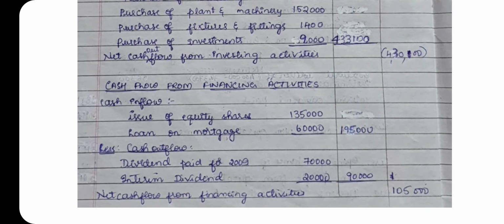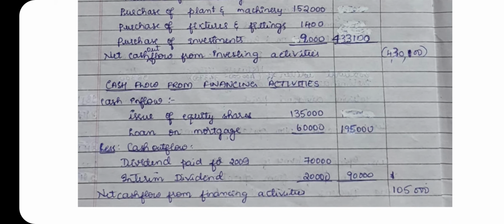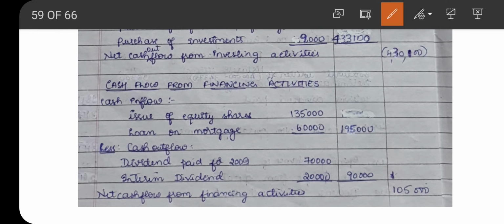The next category is cash flow from financing activities. Here we are writing all those issue of shares, debentures, loan borrowed or repayment of loan, redemption of debentures, everything. So under cash flow from financing activities, we will be writing the cash inflows and then we are deducting the cash outflows. Under cash inflow, we are having issue of equity share and loan on mortgage.